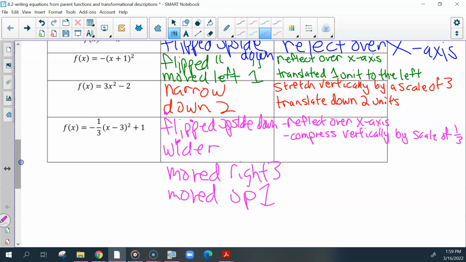For right 3, it would be a translate, a movement to the right. And then move up 1 would be another translate, a movement up 1.